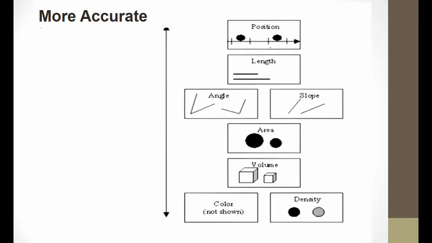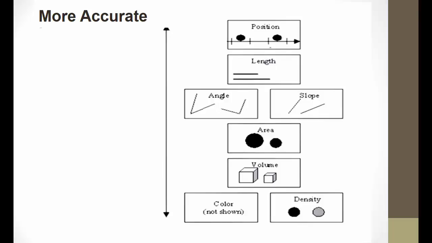There's been an old research by Cleveland and McGill that measured the accuracy of visual perception for humans. They figured out that humans are really good at perceiving the position. And then the next thing is length. Then it's the angle or slope, area, volume, color hue, and then density or saturation of the color.